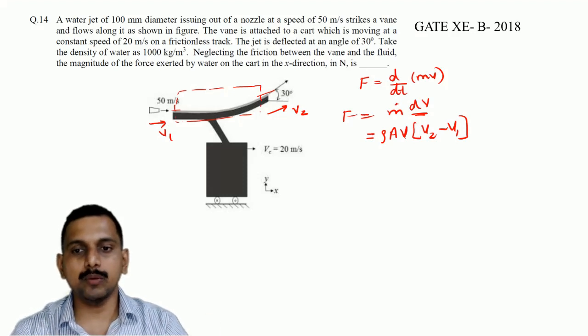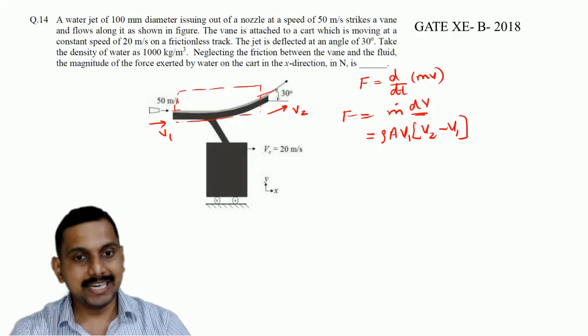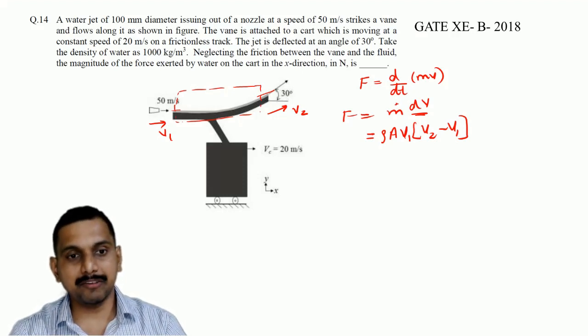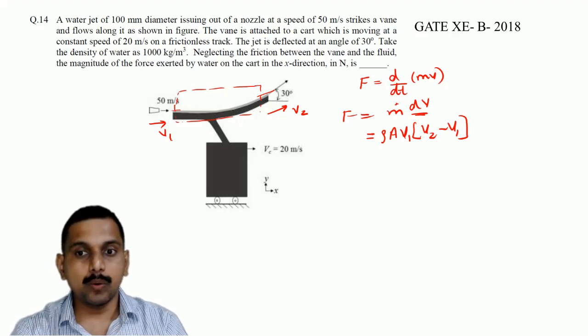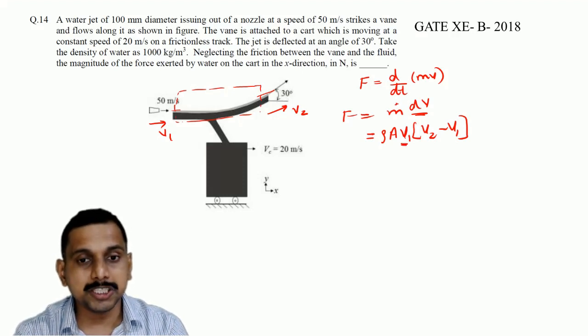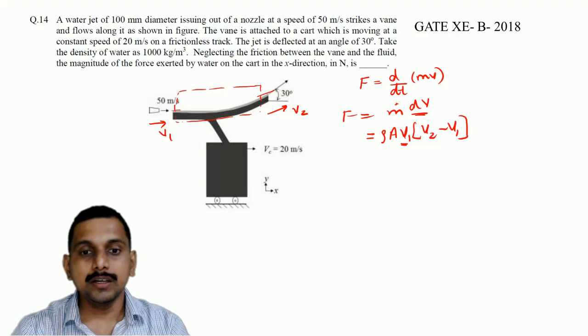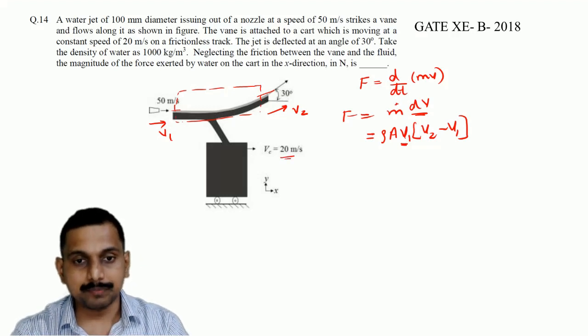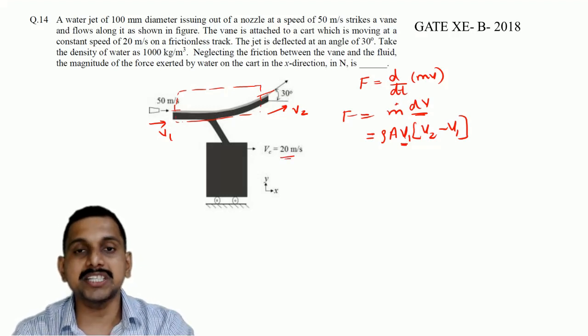Now one of the things we have to take is v1, that is the rate at which the water is coming. What is the velocity that has to be taken? Whether it has to be 50 meters per second or 20 meters per second, it is the difference that has to be taken. It is a relative velocity.